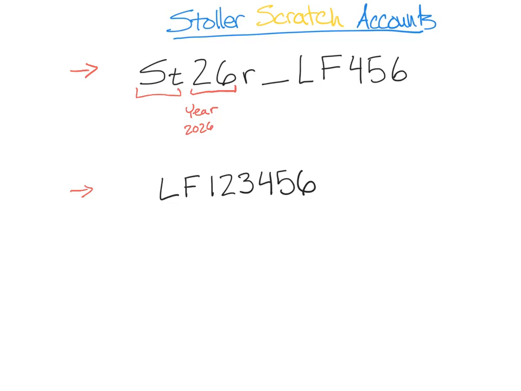The second letter right here that you'll see is the hall that you're in when you come to Stoller. Now, it could be R right here, but it could also be B for Blue Hall, G for Green Hall, or O for Orange Hall. And again, that's the hall that you were in when you came to Stoller. Then this is an underscore.